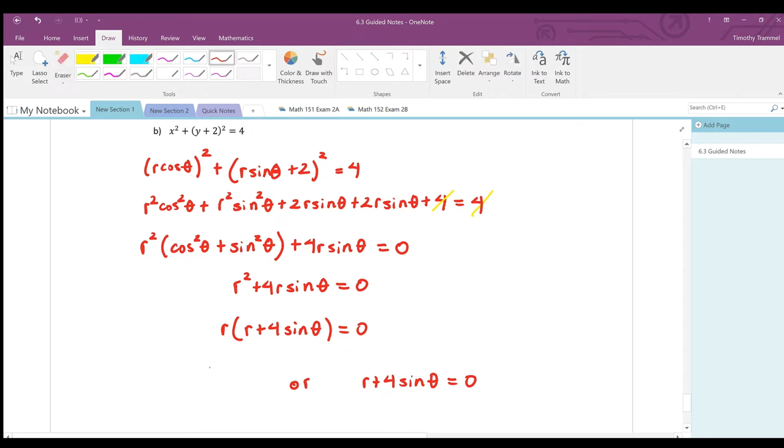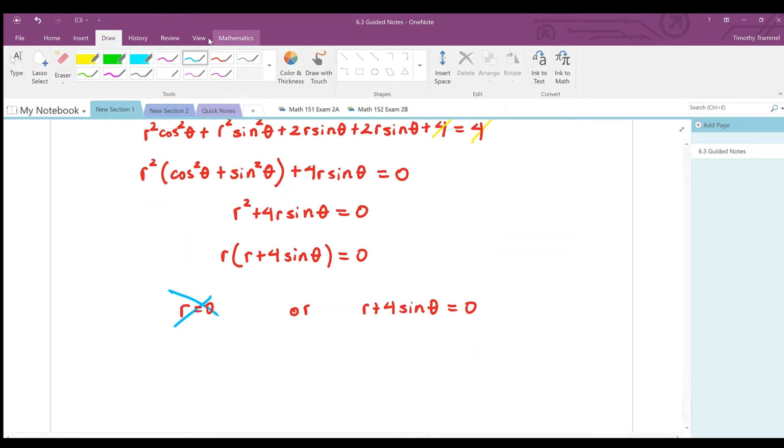So this r equals 0 over here, we know it's not that. If we take the second one and solve it for r, we have our equation r equals minus 4 cosine of theta, and that should be a sine of theta. So r equals minus 4 sine theta. There we go.